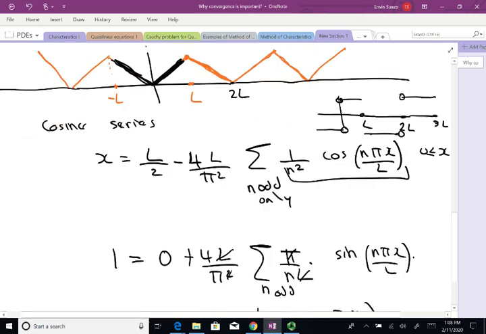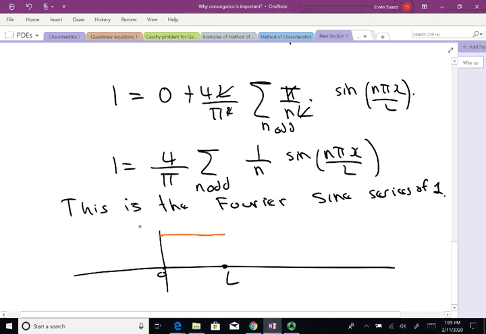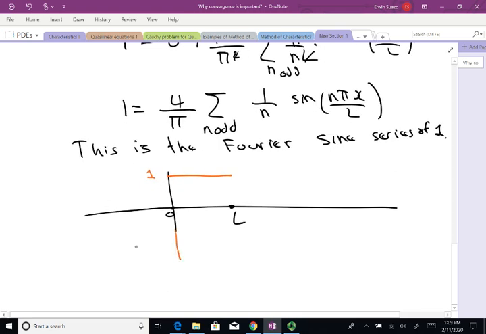Now let's forget about that and graph this. This is the Fourier series of 1, so I know how to graph that totally independently. Between 0 and L, I have 1. Now I have to graph the extension. This is a Fourier sine series, so it is odd, and I have to take the symmetric, which is minus 1.